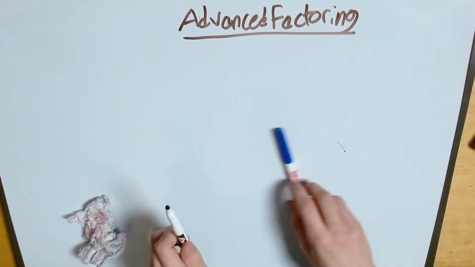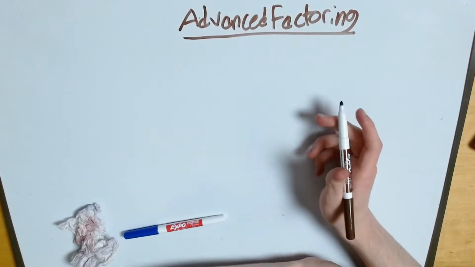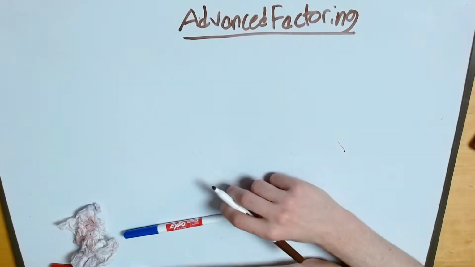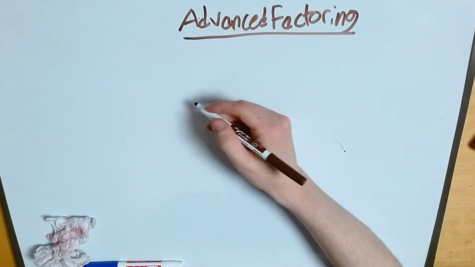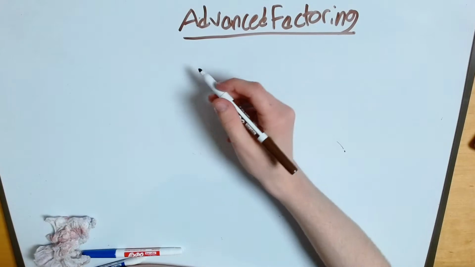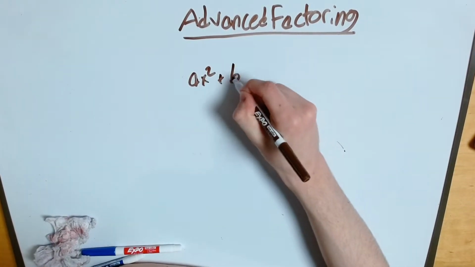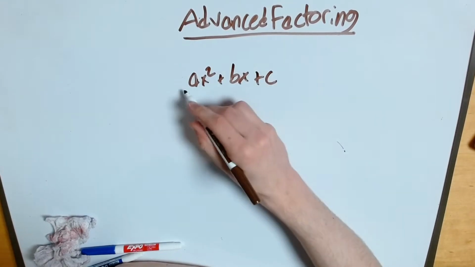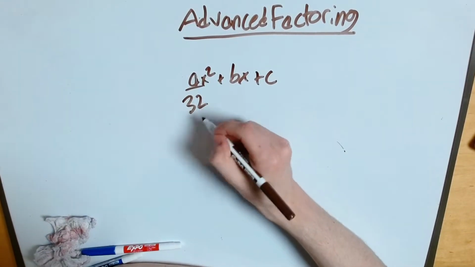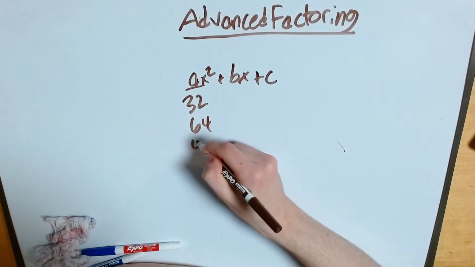And of course, the worst quadratics are those that have an extra coefficient hanging out in front of the x squared, right? Something like ax squared plus bx plus c, where this a could be 32 or 64 or 48.